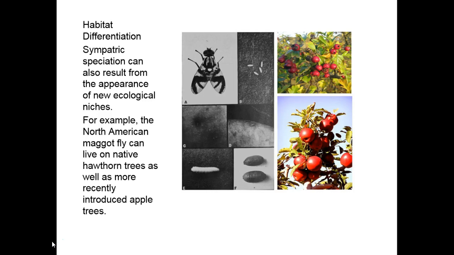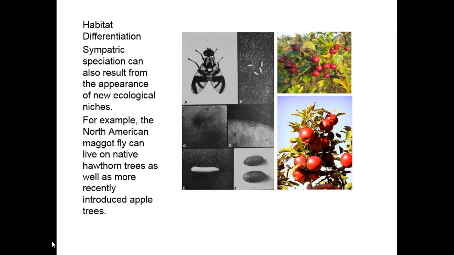You have different examples of habitat differentiation, and this one is the maggot fly. The maggot fly was native to hawthorn trees. Hawthorn trees were native to this country. And then what they've done is adapt to apple trees. Apple trees were introduced to this country with the first settlers.